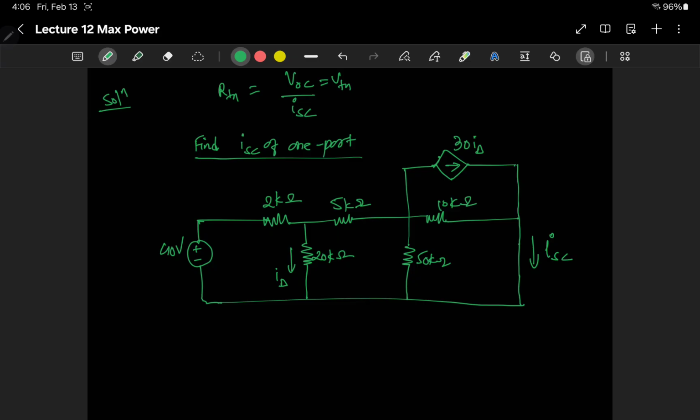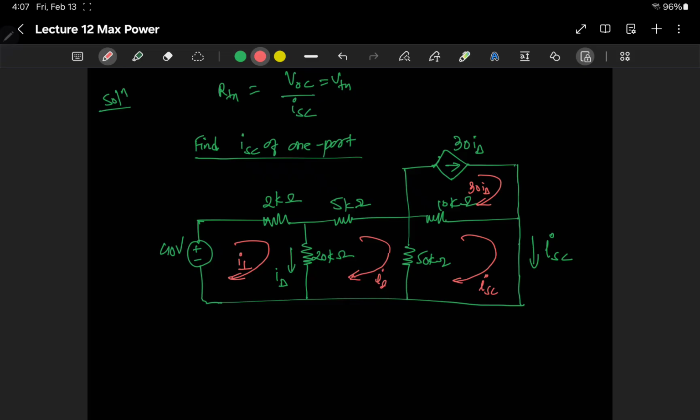So we can solve this problem using the loop current method. Let's say I have current I1 flowing here, current I2 flowing in this loop, then in this loop we'll have the current ISC, because this is the short circuit, and in this loop we have current 30 I delta.